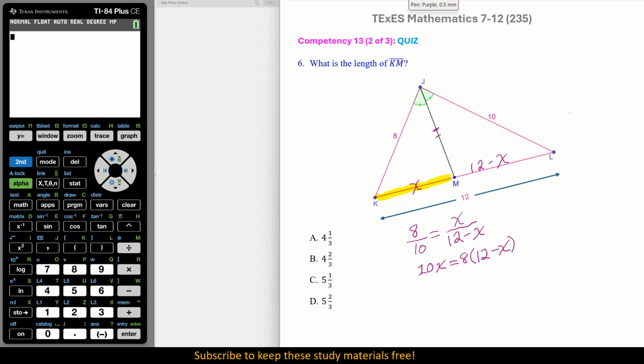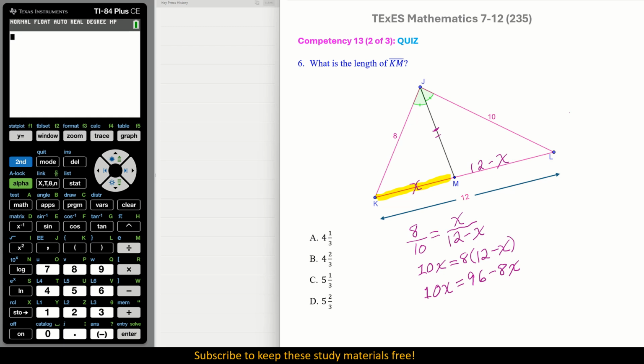Okay, so let's distribute on the right-hand side. If you've watched videos with me, you know every now and again, I can't write anything. So 10x equals 96 minus 8x.